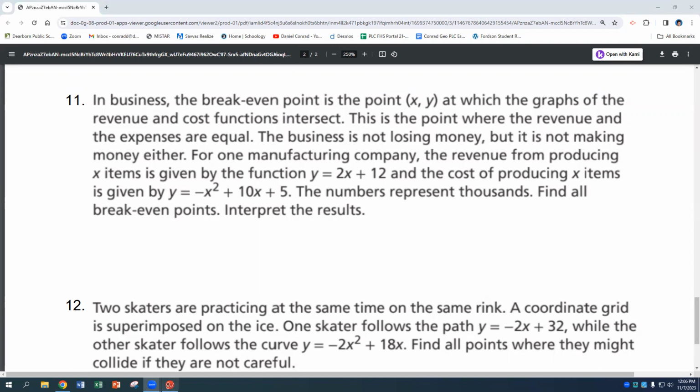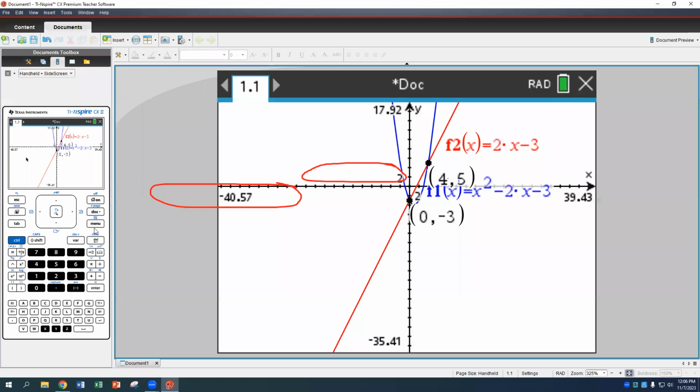So the easiest way to do this is going to be to use the calculator. So we're going to put in these two functions and see where they intersect. All right, so negative x squared plus 10x plus 5.